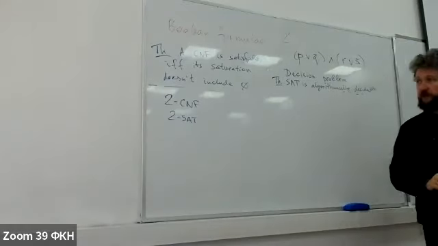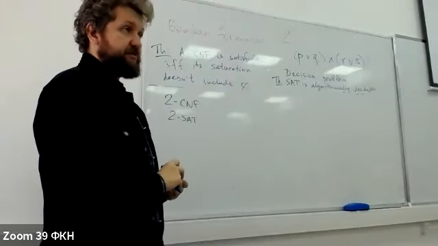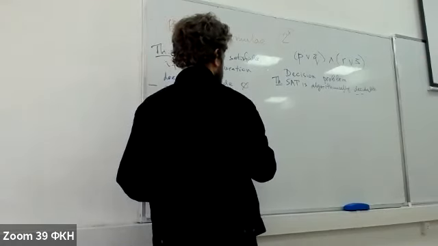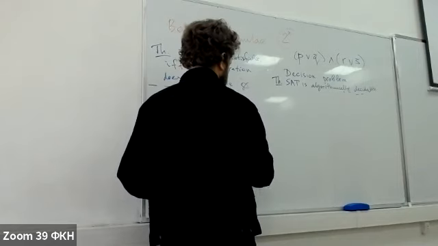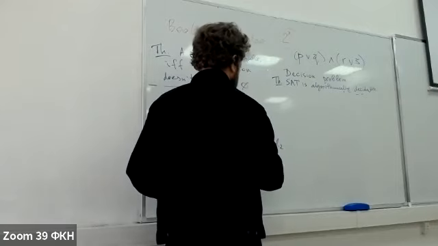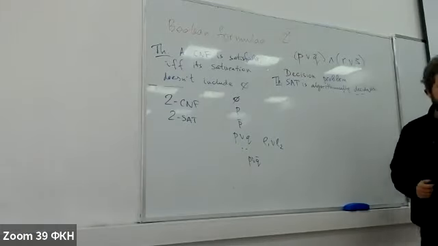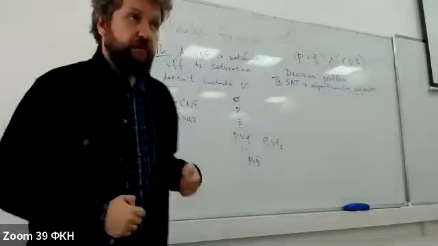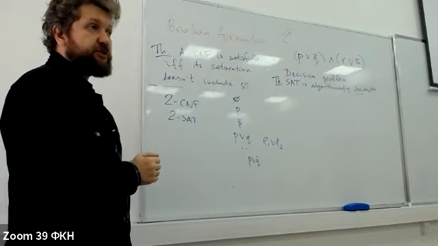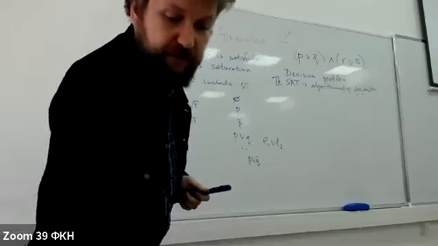In a 2CNF, each clause has at most 2 literals. So each clause is either empty, or just P, or not P, or literal 1 or literal 2. It could be not P or not Q, for example. But we're not allowed to have 3 or more literals in a clause. So how many steps does one take to proceed with the resolution method for this 2CNF? How do you think?